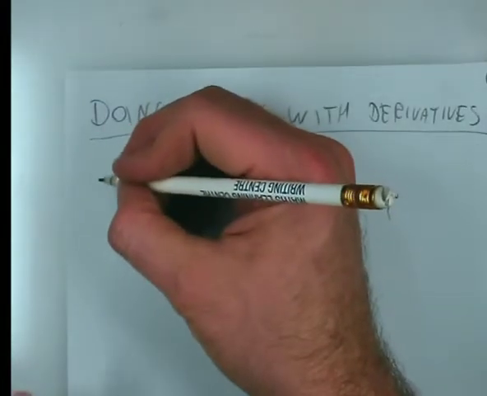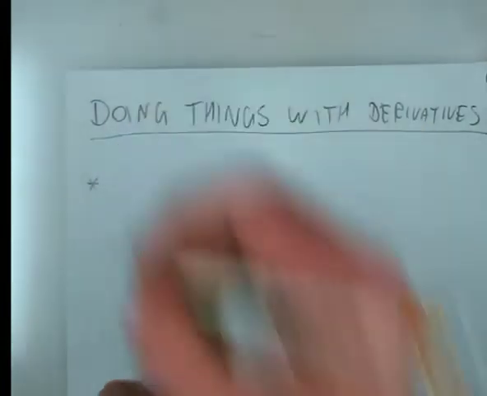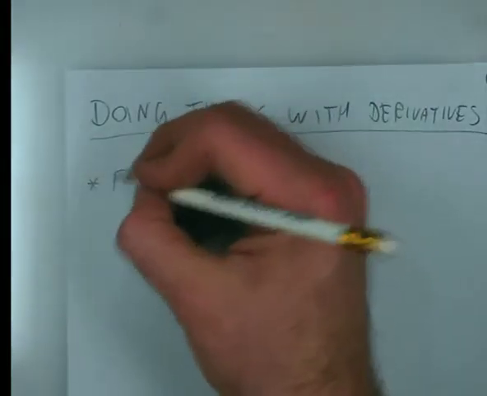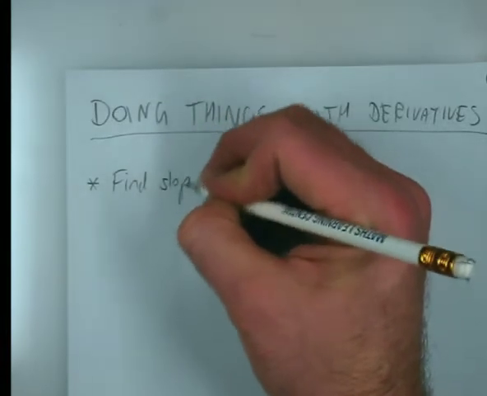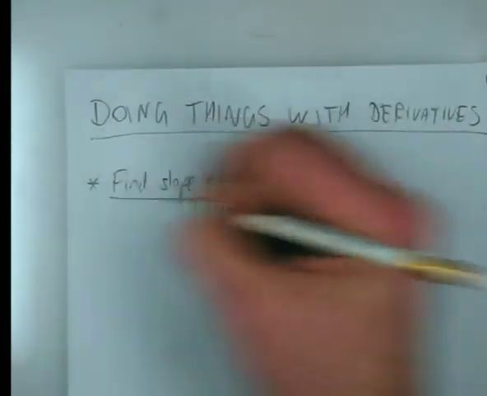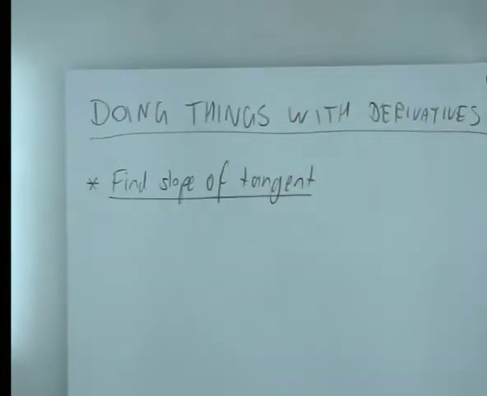Okay, so the first thing we can do with derivatives is that we can find the slopes of tangents. That's something that we can do with them.